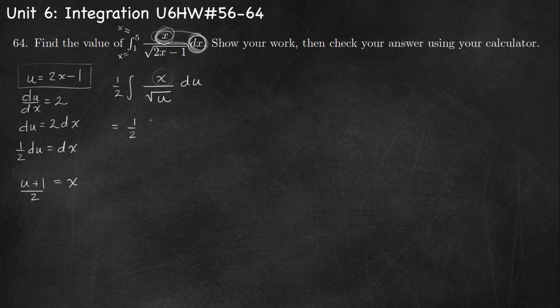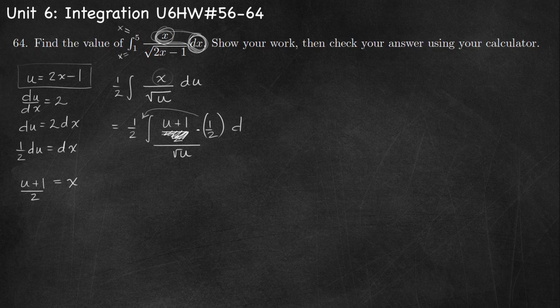So our integral becomes 1/2 the integral u plus 1 over 2 over the square root of u. Dividing by 2 is the same as multiplying by 1/2. And multiplying by 1/2, I can bring that outside of my integral.